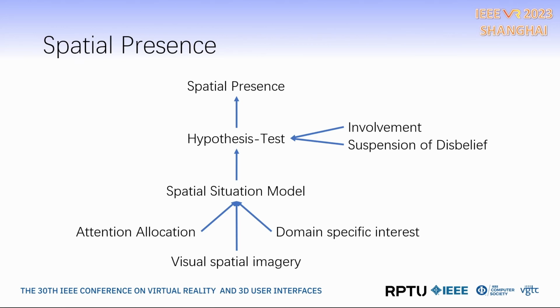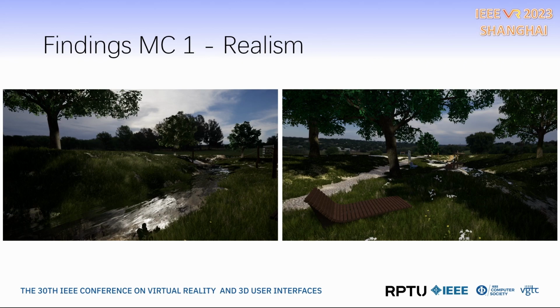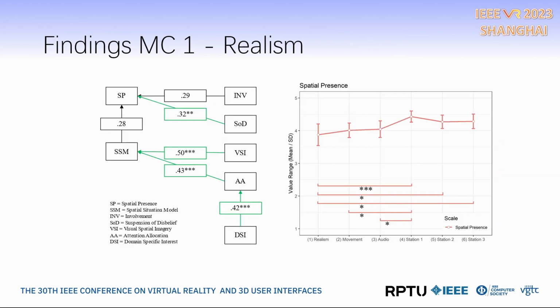In microcycle 1, we surveyed the first prototype of the base environment and the realistic implementation of it. It turns out that the suspension of disbelief subscale exerts a direct influence on the hypothesis test and thus presence experience. It asks, for example, whether it is necessary to concentrate on actively blocking out disturbing stimuli.